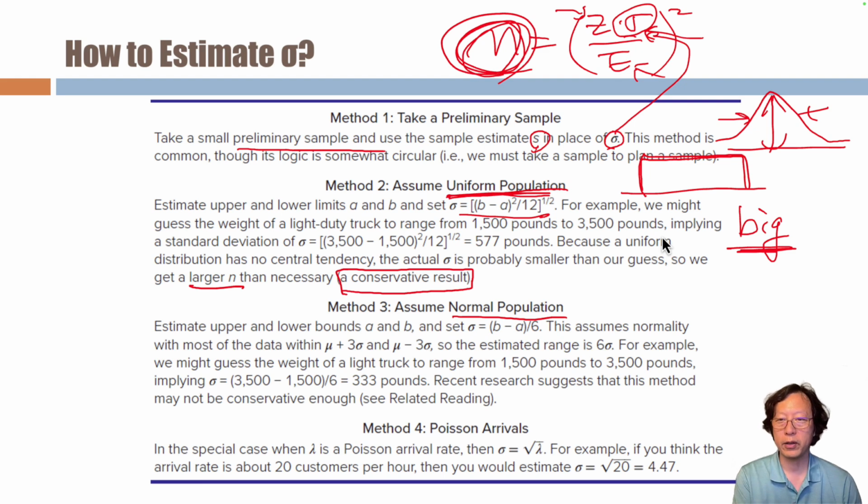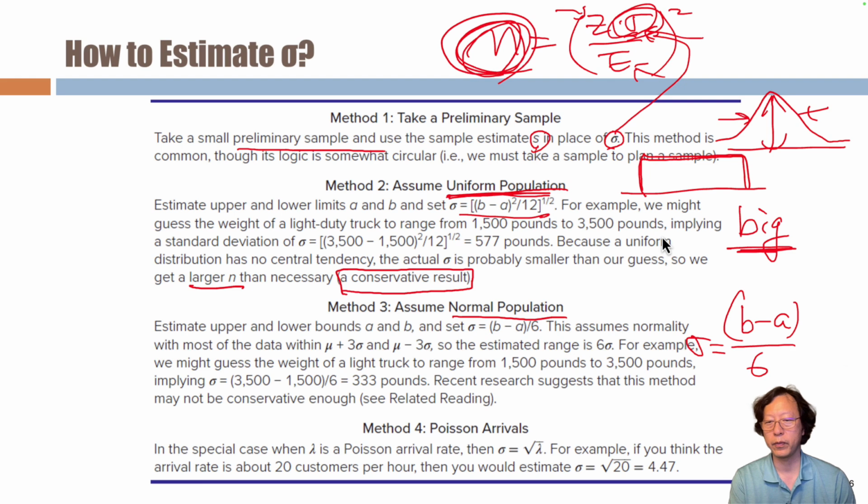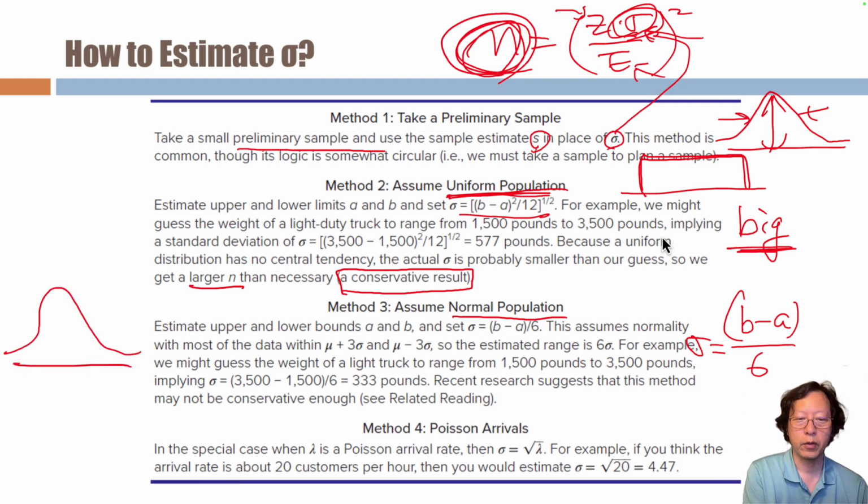So how can I find sigma here? Use the biggest number minus the smallest number, divided by 6. This formula comes from the normal distribution. We already know 99% of the data will fall within plus or minus 3 sigma, right? So from here it is 3 sigma, and this side is 3 sigma.